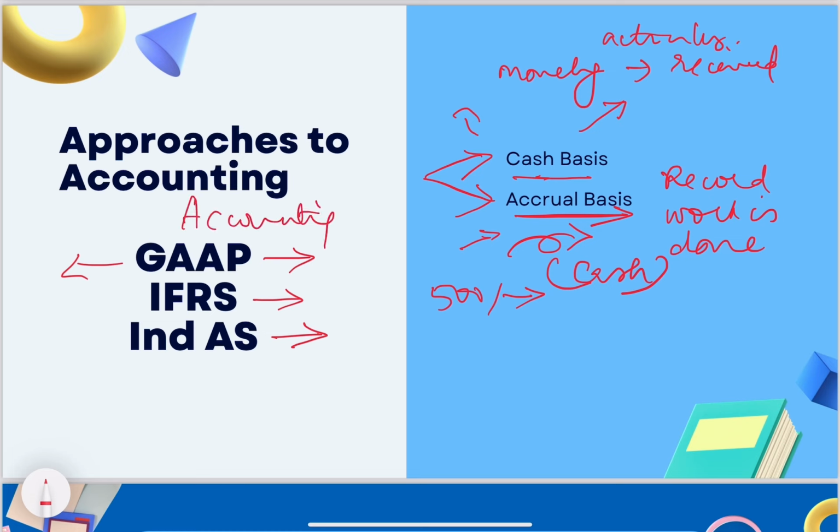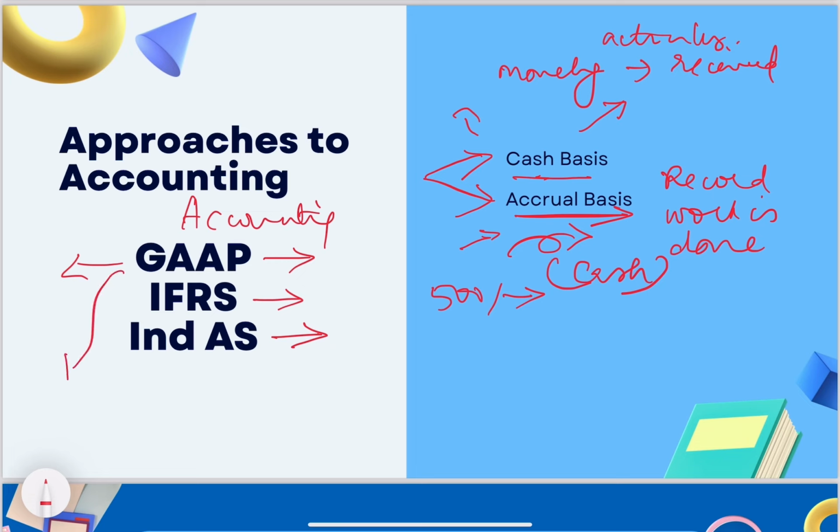These are three important guidelines. You can think of GAAP as the grammar rules of accounting. Just like in English you follow grammar to write correctly, in accounting you follow GAAP to record correctly.